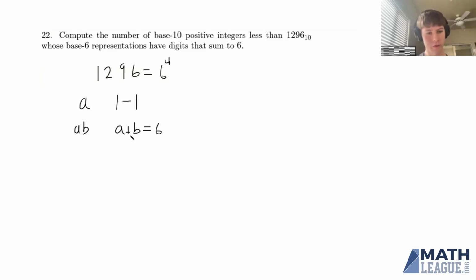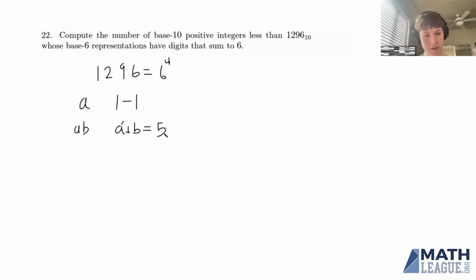So one fix we can make is to subtract 1 from A. I'll add a little prime to A, and then I'll subtract 1 from 6, so that's 5. Now we have A prime plus B is equal to 5, and A prime and B are both non-negative, so A prime can also be 0 in this case.